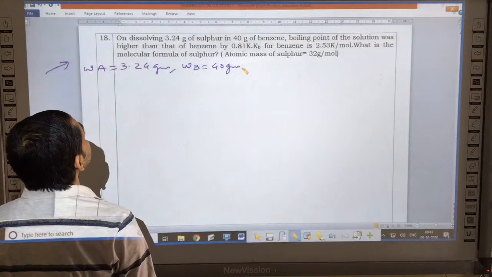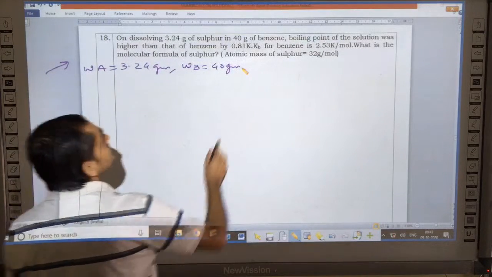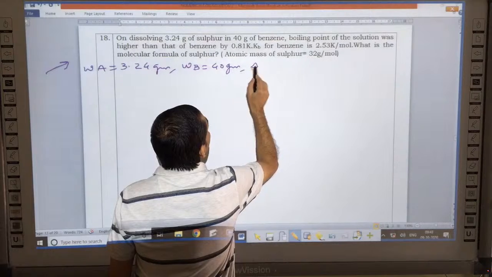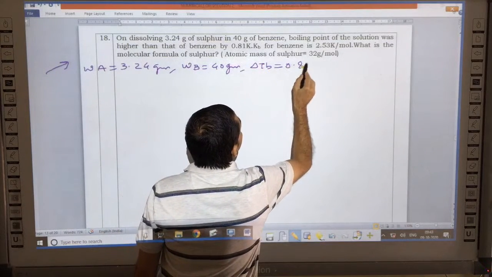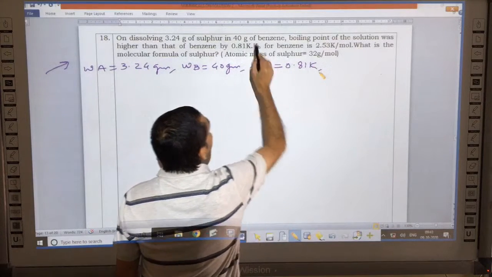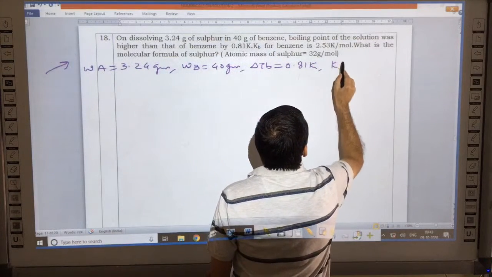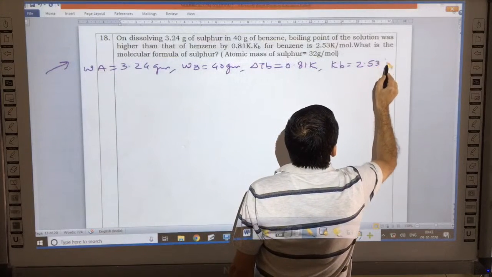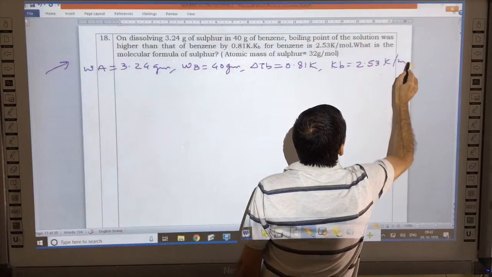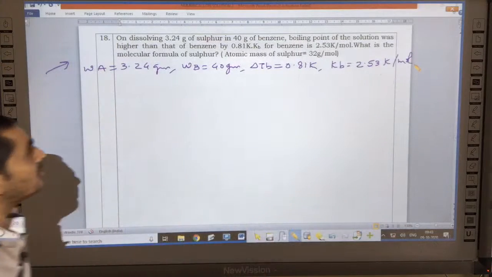The boiling point of solution is higher than benzene by 0.81 Kelvin, and this is delta Tb, the elevation. Kb of benzene is given, it is 2.53 Kelvin per mole.